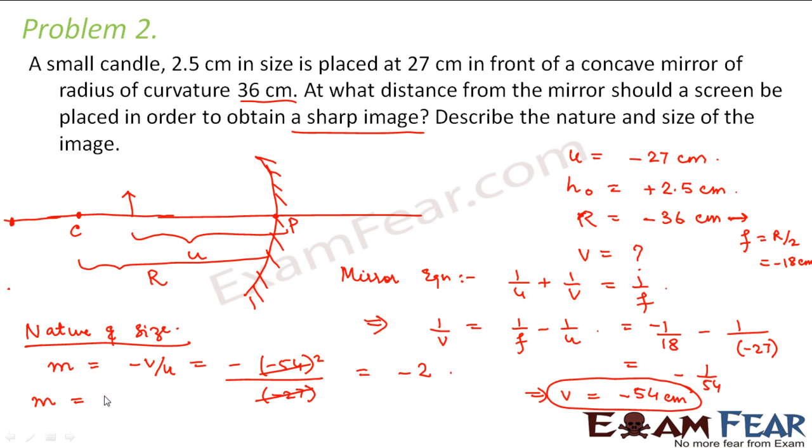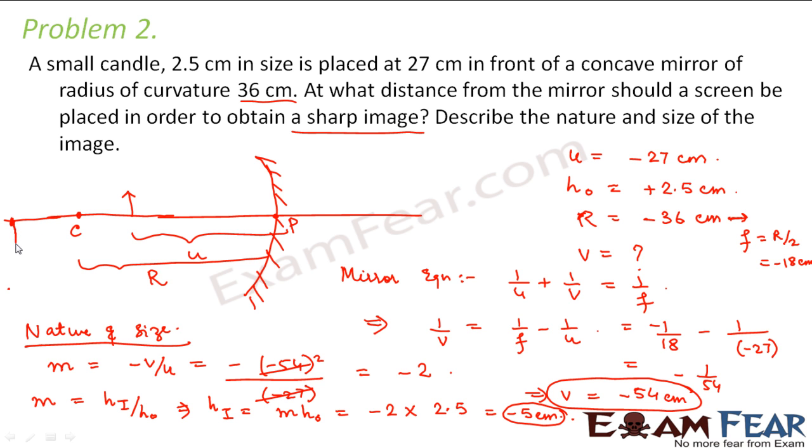And also we know that magnification is equal to height of image by height of object. So we can say height of image is equal to magnification into height of object. Magnification is minus 2 into height of object is plus 2.5. So that is equal to minus 5 centimeters. So we can say that the height of the image is negative.